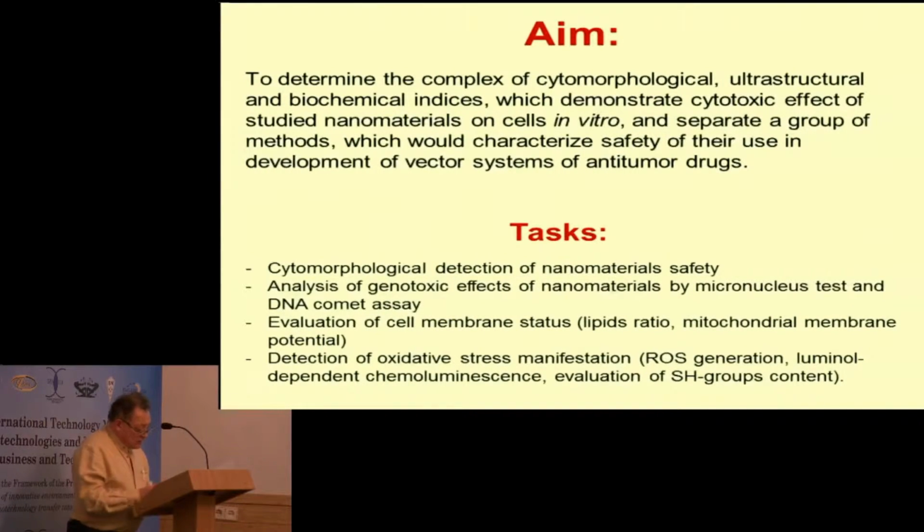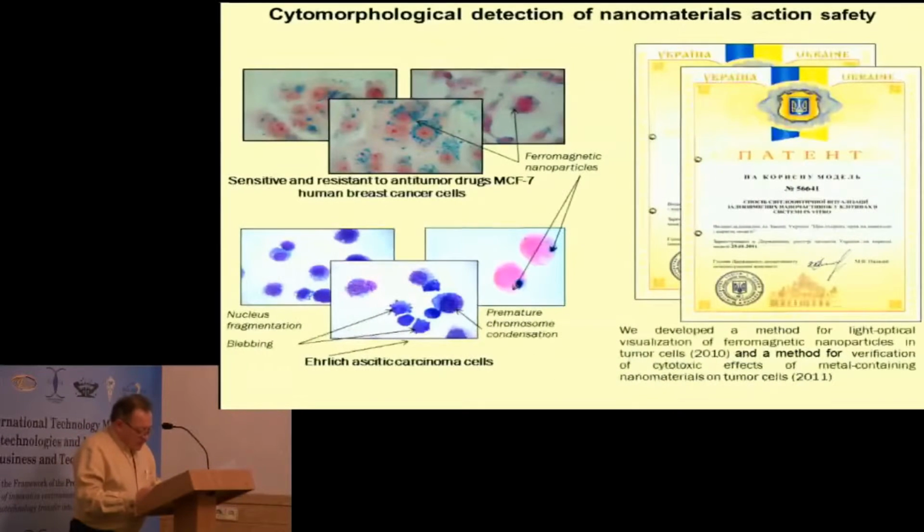First of all, the objects of our studies: the cells of breast cancer, both resistant to anti-tumor drugs such as doxorubicin and cisplatin, and also the Ehrlich carcinoma cells.